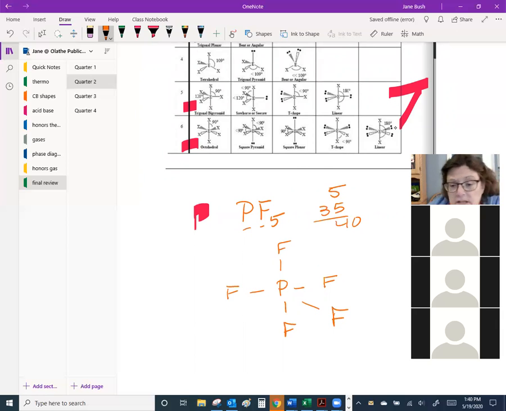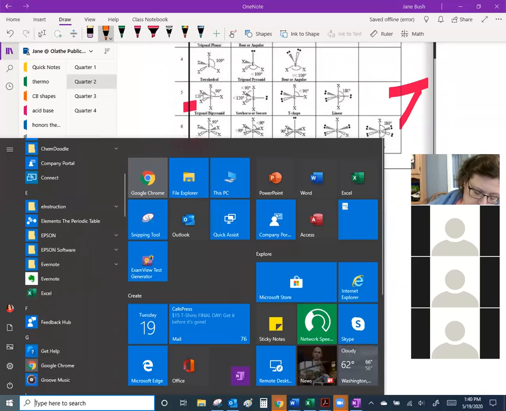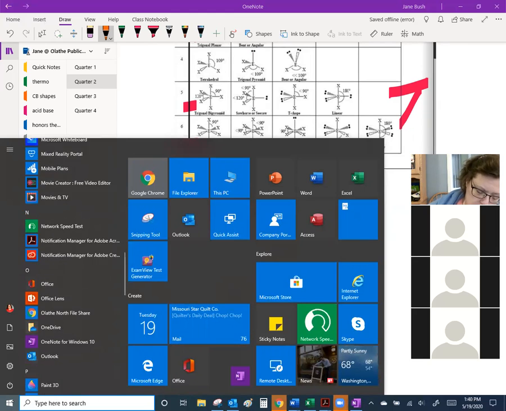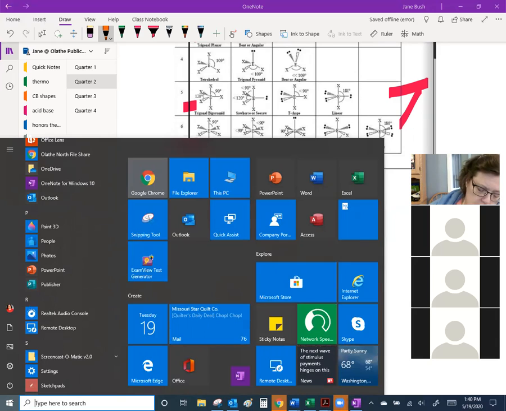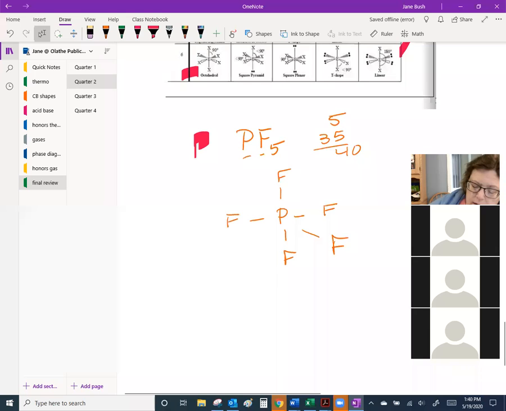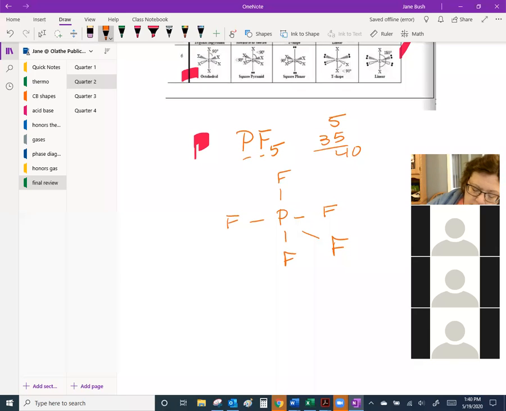Now, why can we have 10 and not 8? Well, if we look at our periodic table, phosphorus is in this third row.